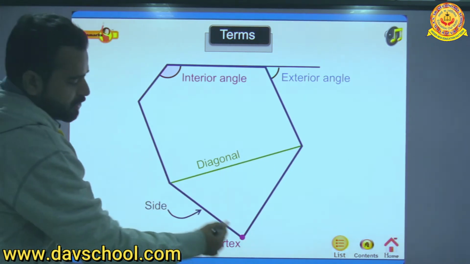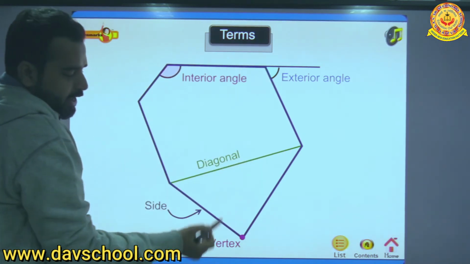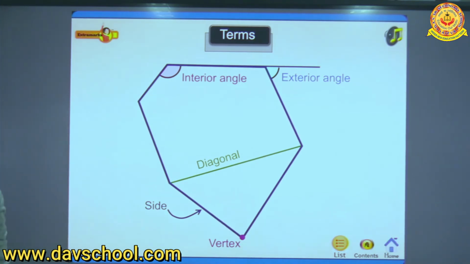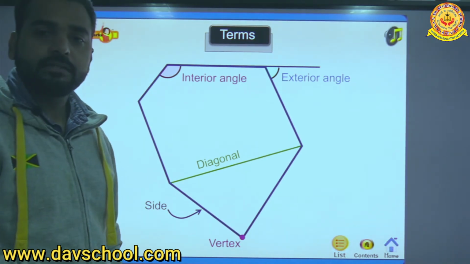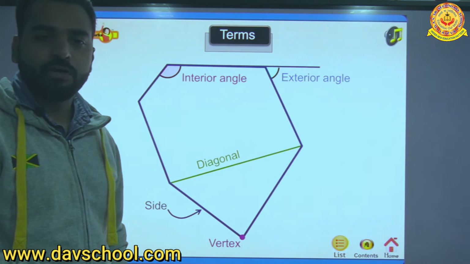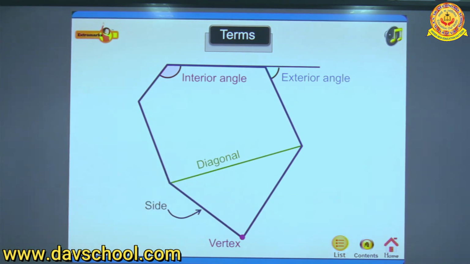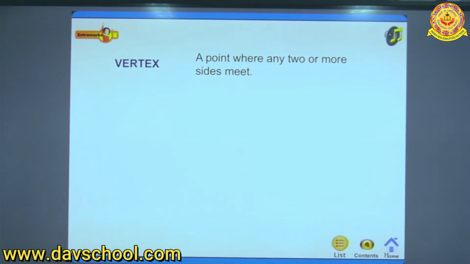And as you know, these are the sides only, and where two sides join at a common point, we call it a vertex. The plural of vertex is vertices. What do we call it? Vertices. Sir, edges are also there, no? Edges, yes, side, that means edges.